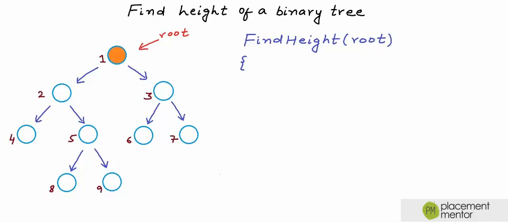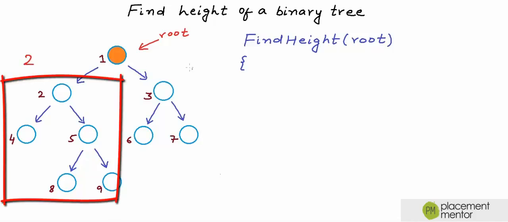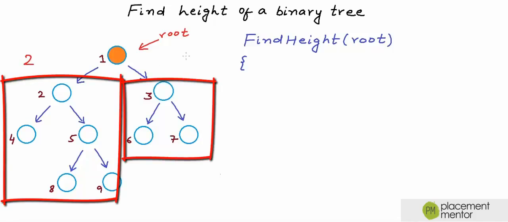For the root node in this tree, height of the left subtree is 2 and height of the right subtree is 1. So height of the root node would be greater of these two values plus 1. Plus 1 for the edge connecting the root node to the subtree. So height of the root node, which would also be the height of the tree, is 3 here.